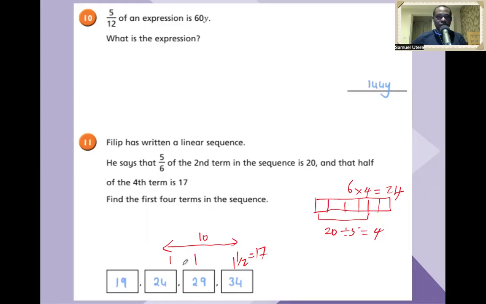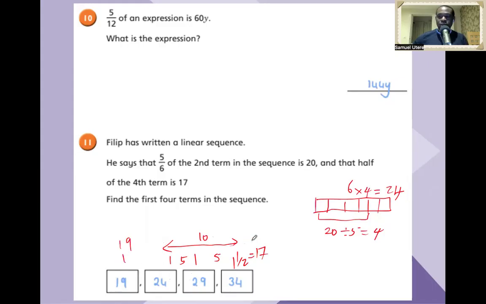If we split the 10 between these two intervals, this is 5 and that is 5. So we know we're adding 5 every time, which means to go back to this interval, we have to subtract 5. That's how we got 19 there.